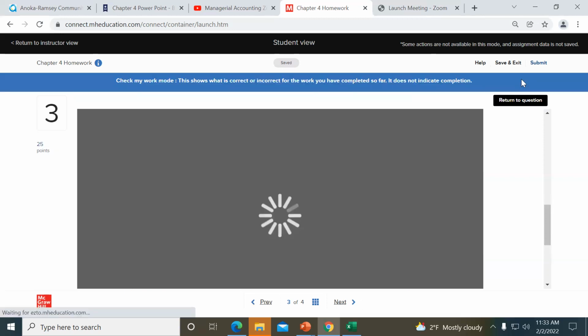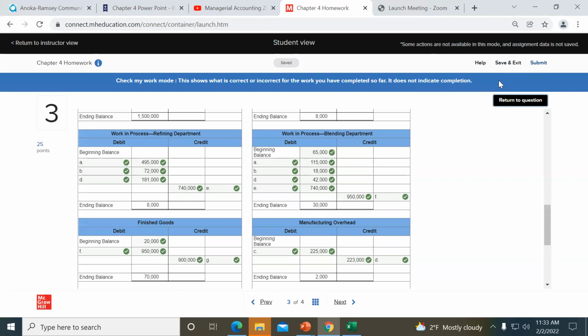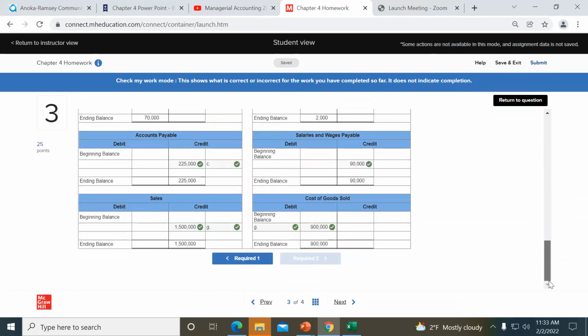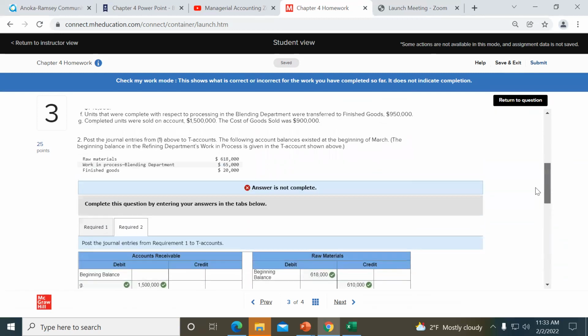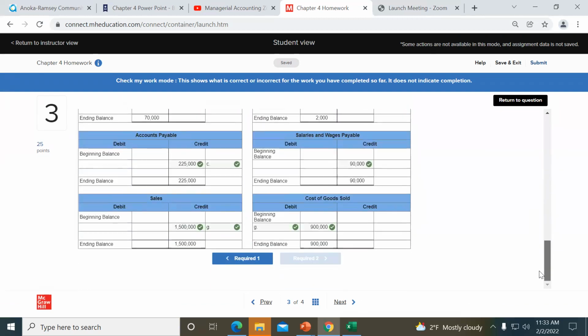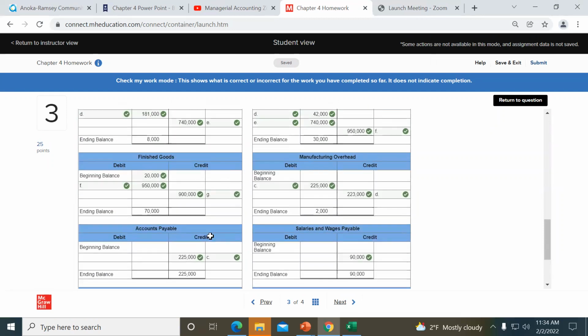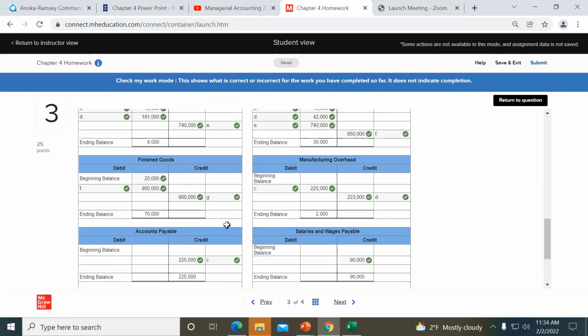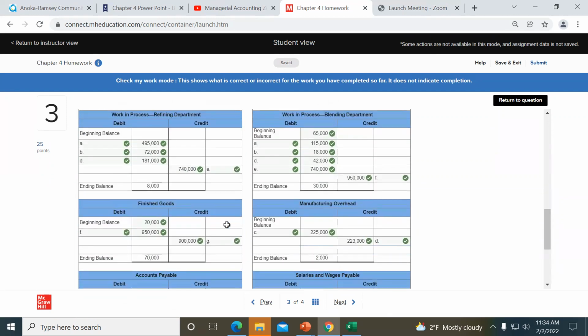Let's see how bad I am here. I'm going to have some X's maybe somewhere, huh? I'm missing something. 900, 150, 90, 225, 72, 38. Oh, I'm missing something in the refining department.